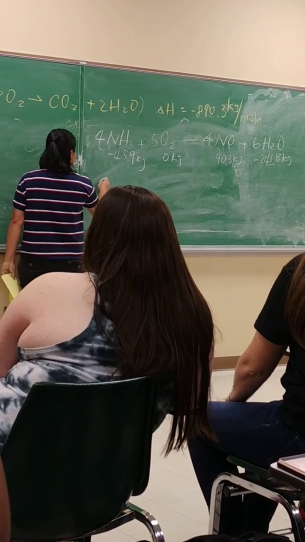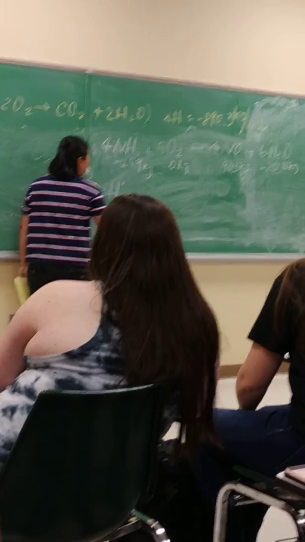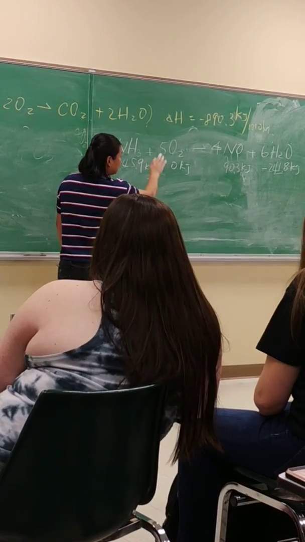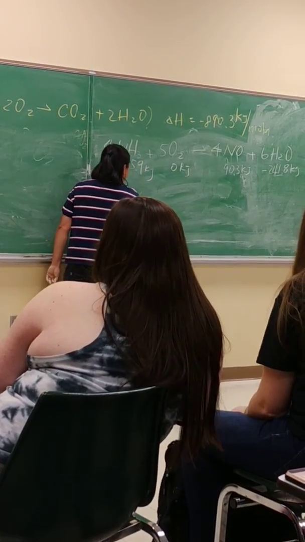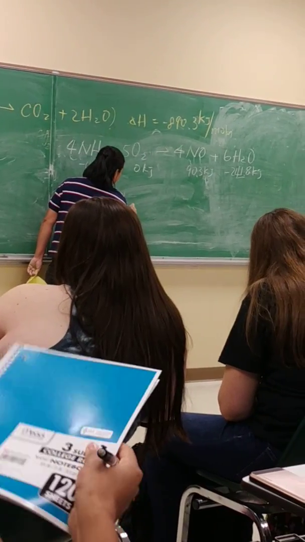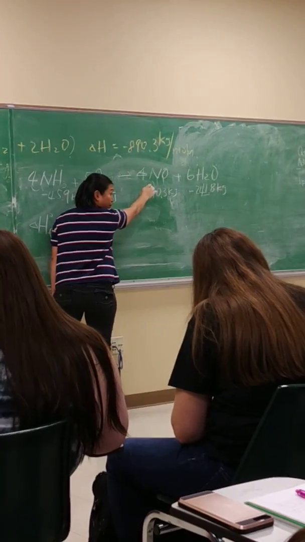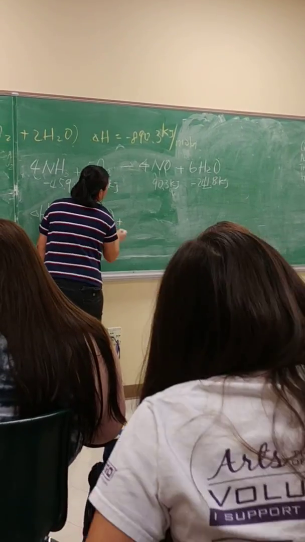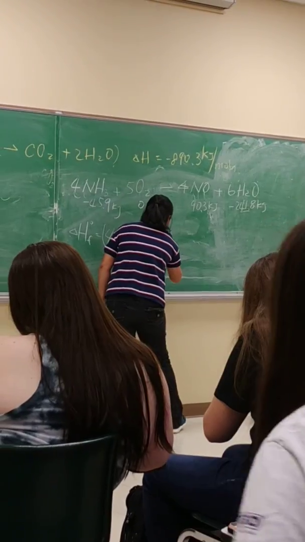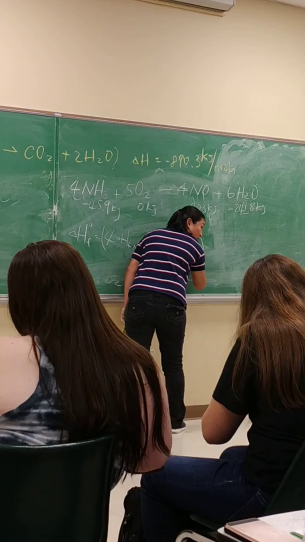So for this, you can do the delta H of formation standard: you have to multiply by how many moles, right? 4 of the delta H of formation of NO, right? That's the product, plus 6 delta H of H2O, right?